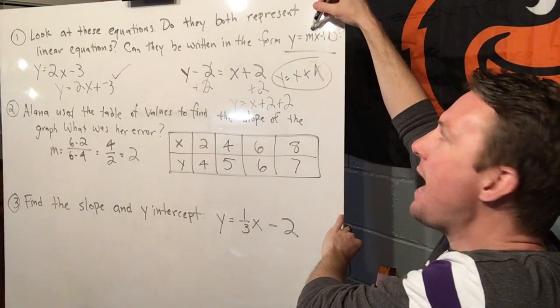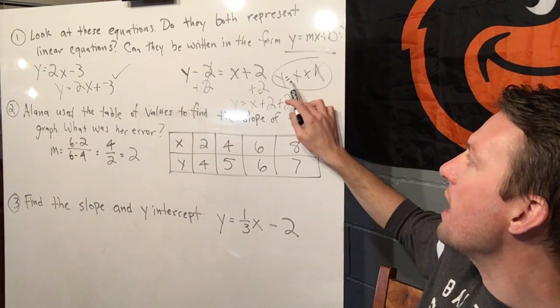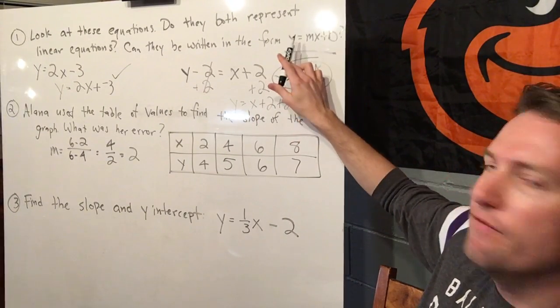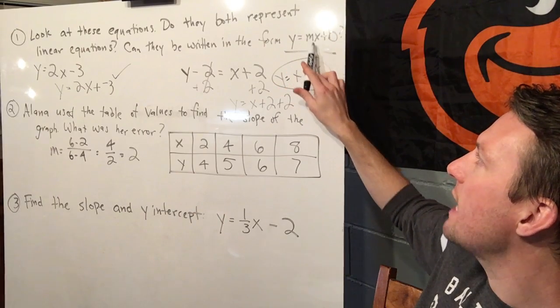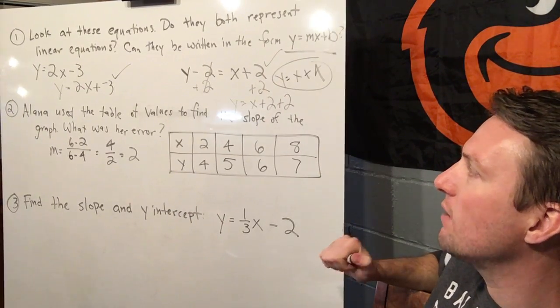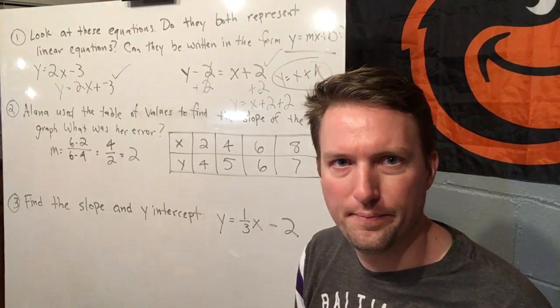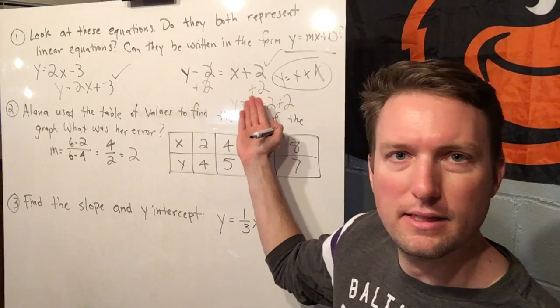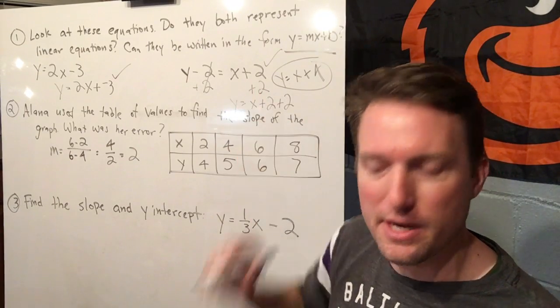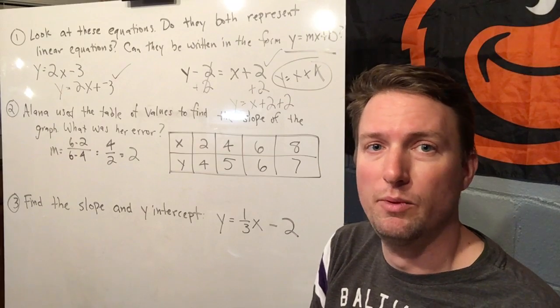Now, we don't have an m. In this case, m would equal 1. But again, we have y equals x plus 4. Very similar to y equals mx plus b. So this one also can be simplified down or rearranged to make a linear equation. Excellent. Now, in the practice today, you're going to have problems like this, and you're going to have to turn them into a linear equation if possible.